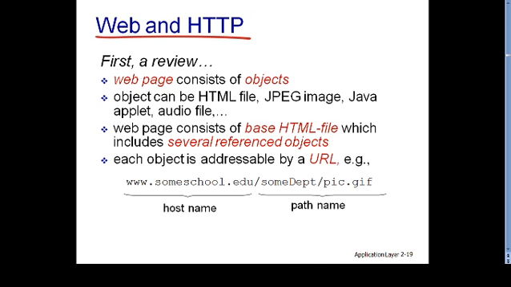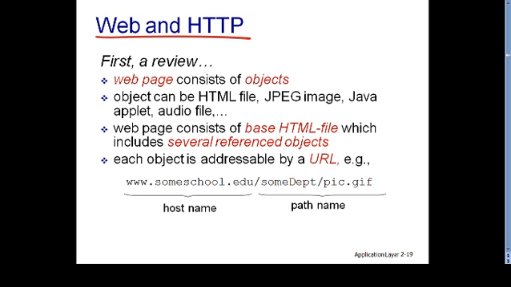Web pages consist of objects, and an object can be an HTML file, JPG images, Java applets, audio files. You must have seen a lot of things in a web page, a lot of images, a lot of hyperlinks, a lot of HTML content.